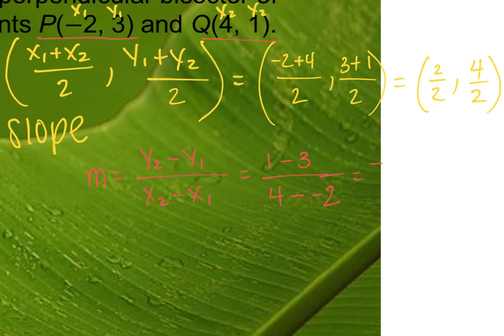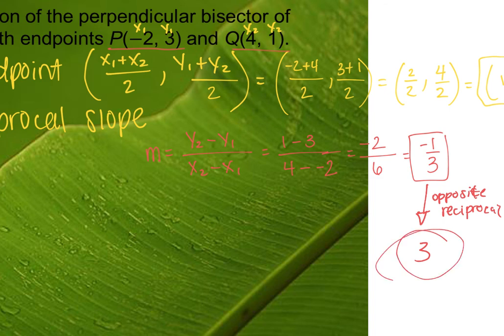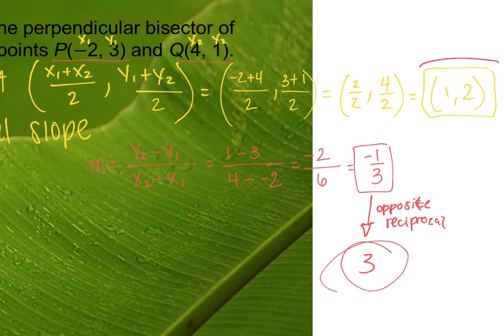This is going to give me -2 over 6, which simplifies to -1 over 3. Now remember, if our line needs to be perpendicular to this, we need to find the opposite reciprocal, which is just 3. So the slope of our line needs to be 3, and it needs to go through the point (1, 2).